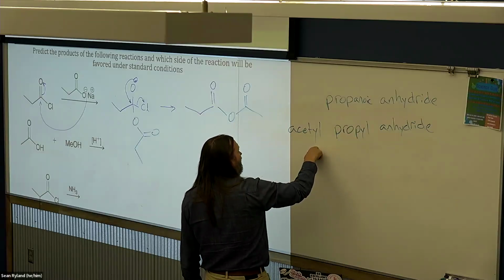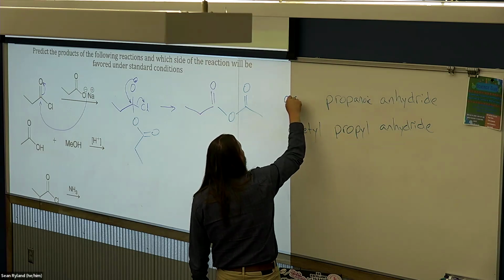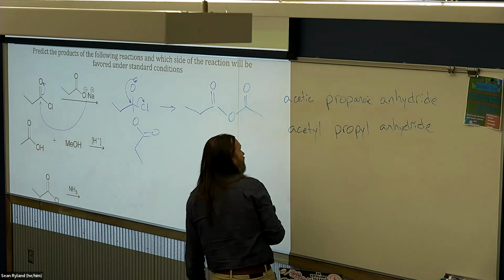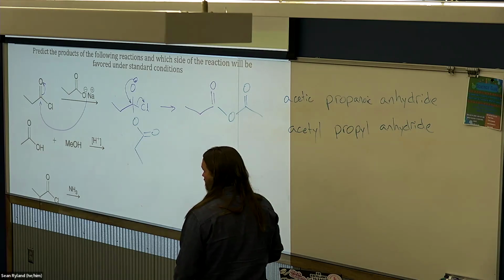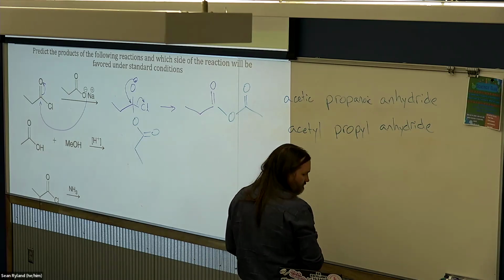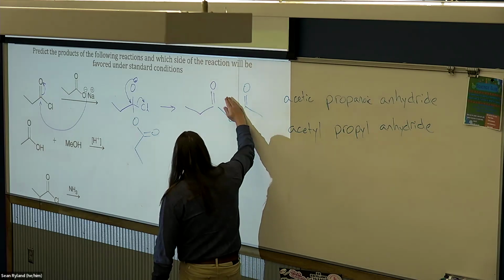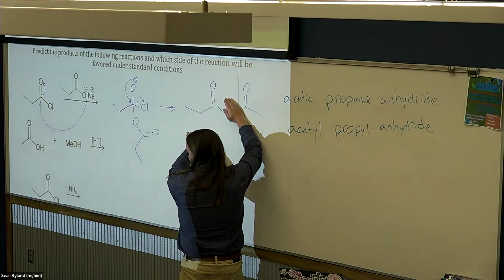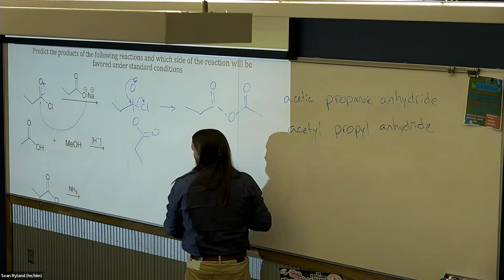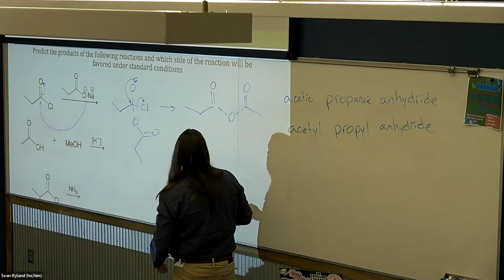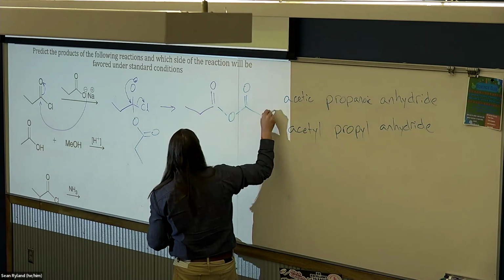Acetyl propyl anhydride or acetic propanoic anhydride. They're both acids on either side, right? If you cut it here, that's propanoic acid. If you cut it here, that's acetic acid. So you just say both of them.